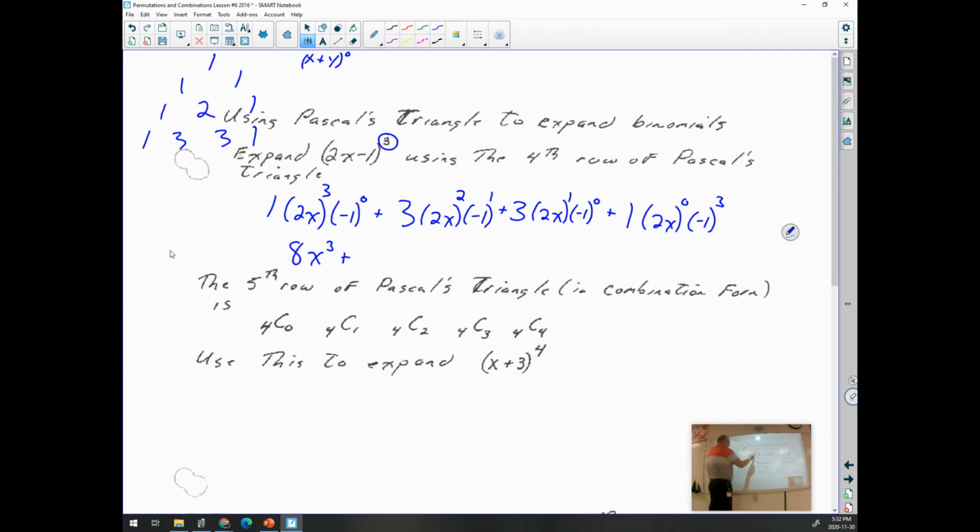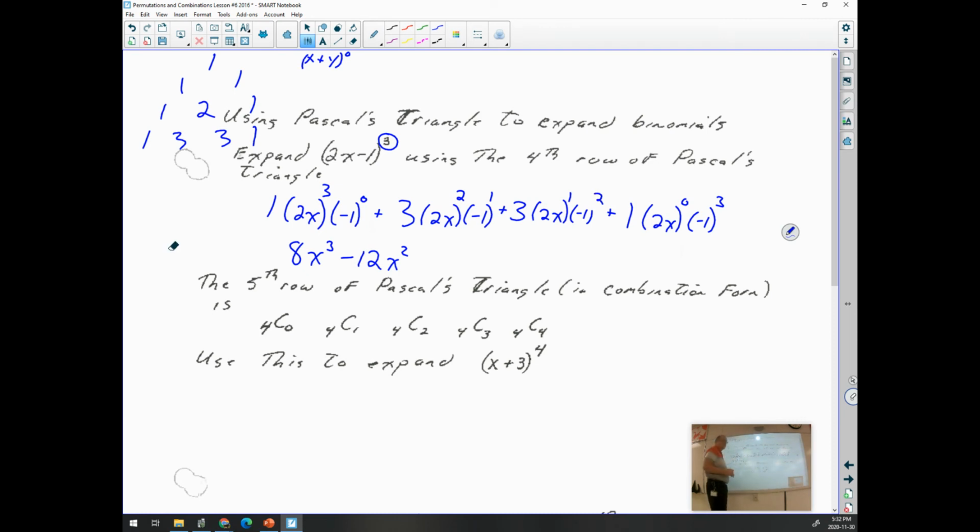Over here, we are going to have negative 1 times 2 to the power of 2 times 3. So we're going to have a negative 12x squared, because we're going 3 times 2 squared times your negative 1. And on this one over here, this is supposed to be squared.